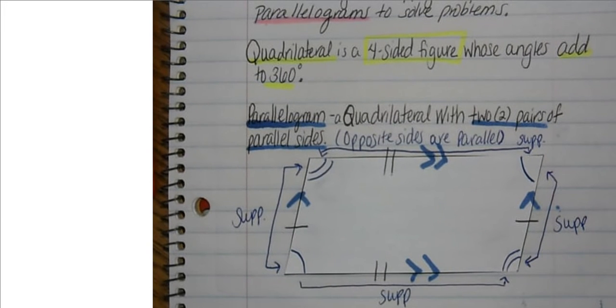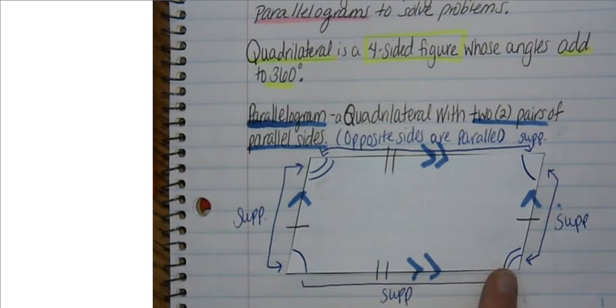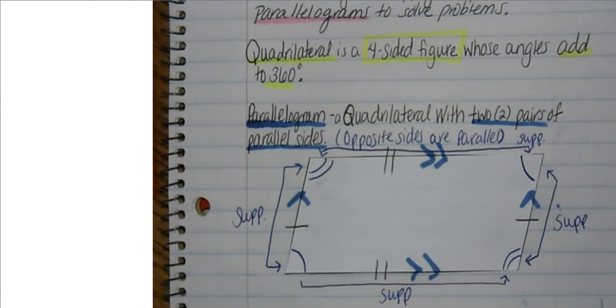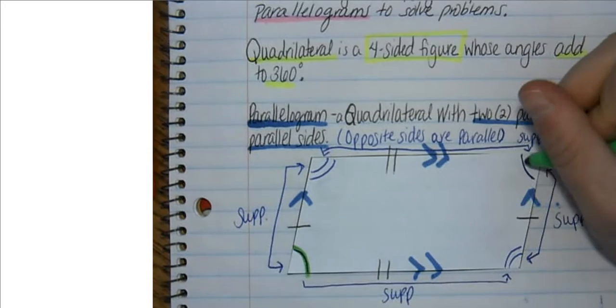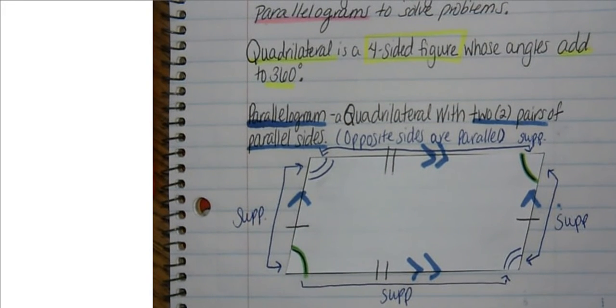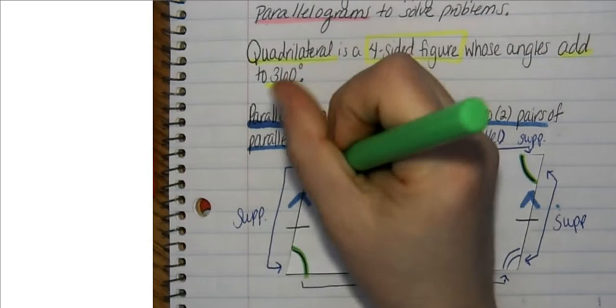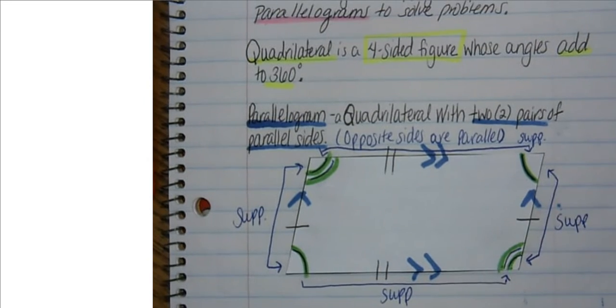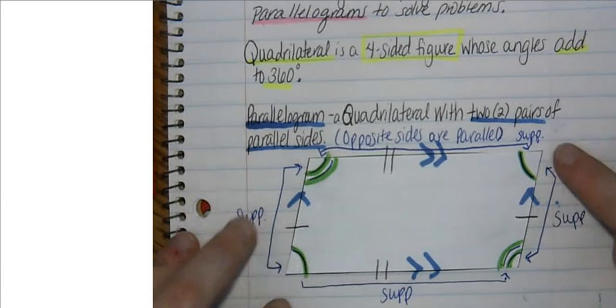But as a result of our consecutive interior angles being supplementary, we ended up with an extra property. That extra property is that our opposite angles, the angles that do not touch each other, are congruent. These opposite angles over here with two arc marks are going to be congruent to each other. So opposite angles are congruent.